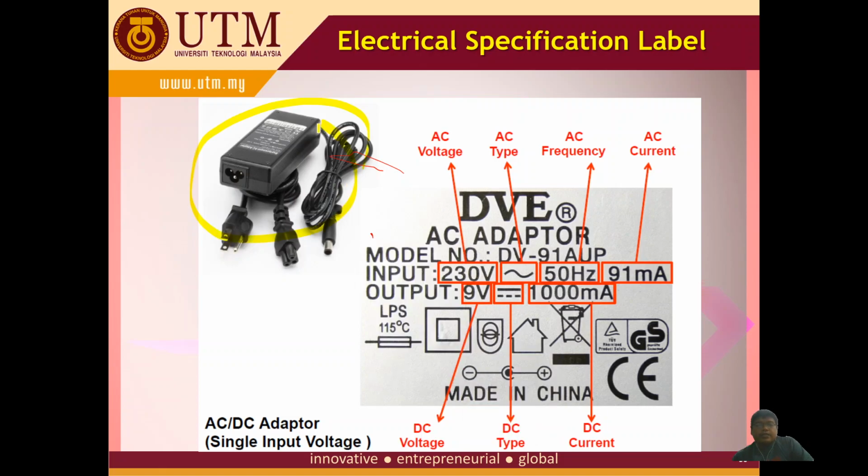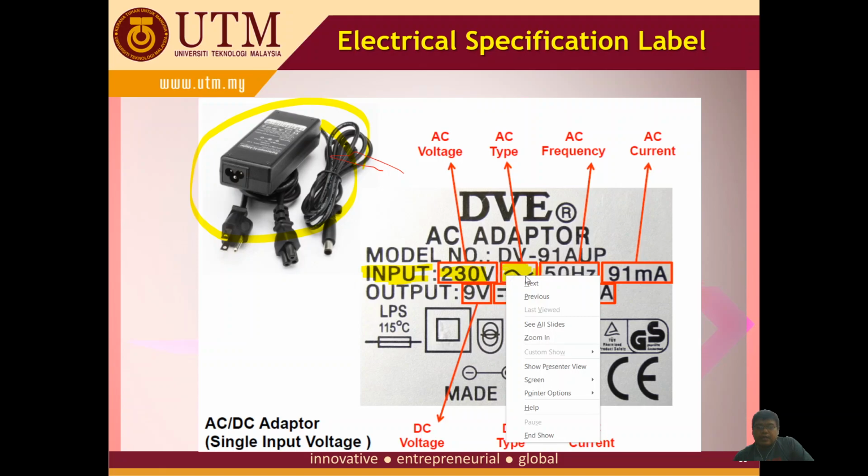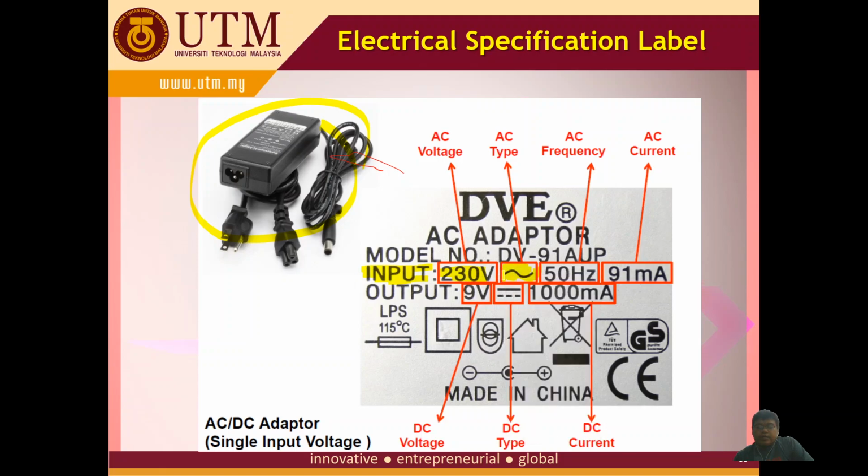This is the charger, and you have what we call the input. The voltage input is 230 volt, so you're using the AC system. The symbol is AC. When you see the sinusoidal form here, it's an AC system.